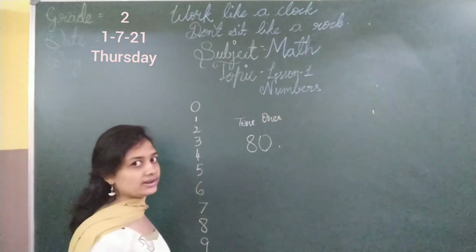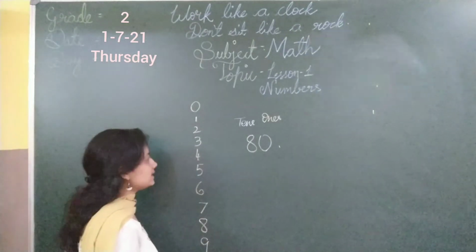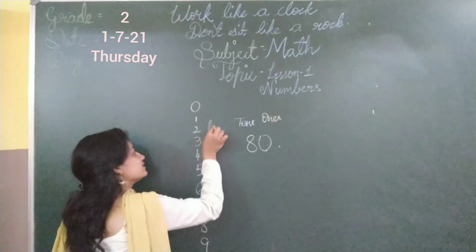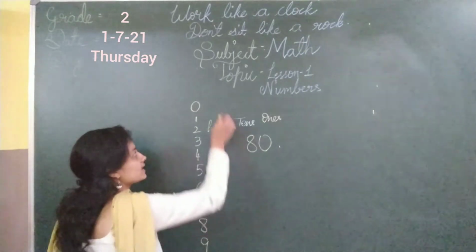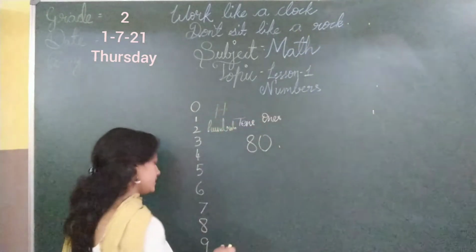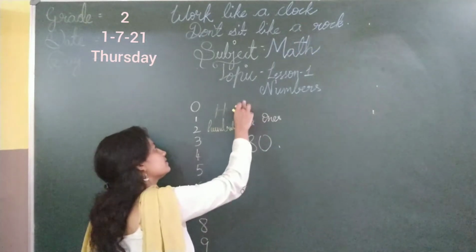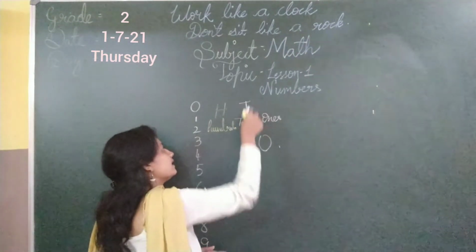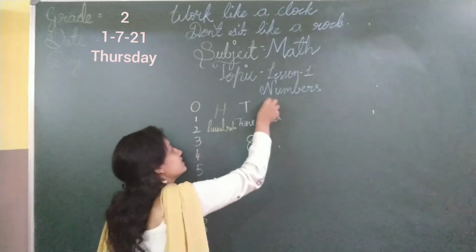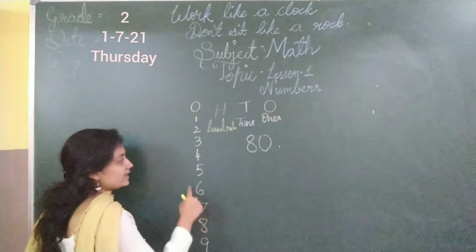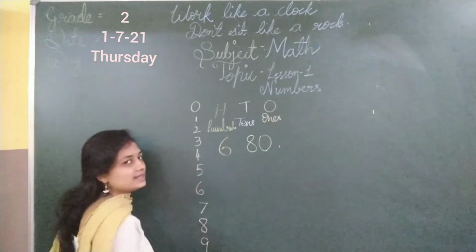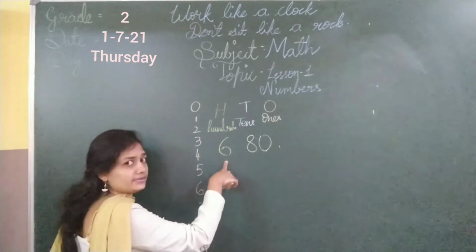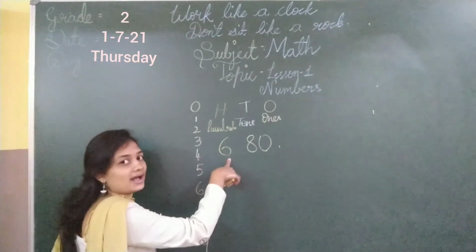And this time you are going to learn one more place, that is 100. So the places are 100, 10, and 1. If I write any other number in the 100 place, say 6, it becomes 6 into 100, which is 600.